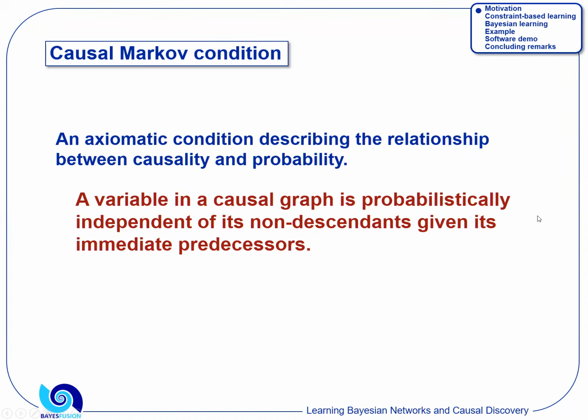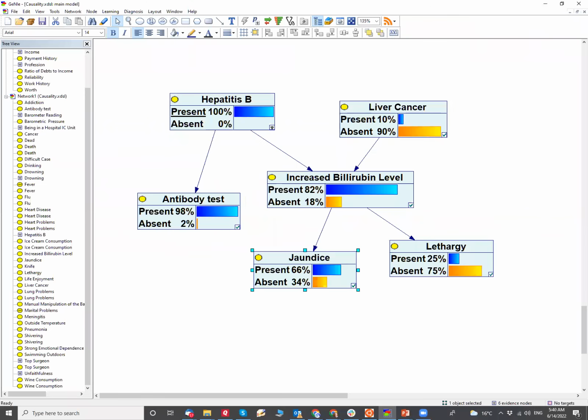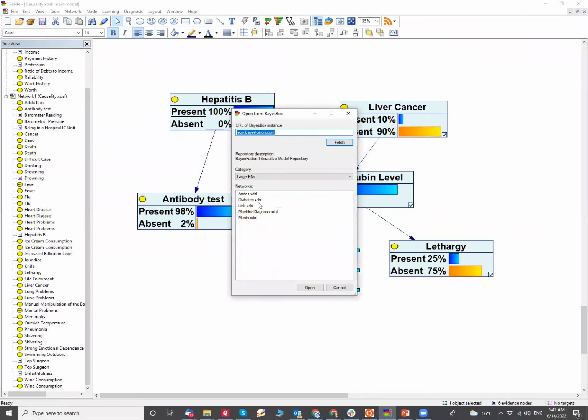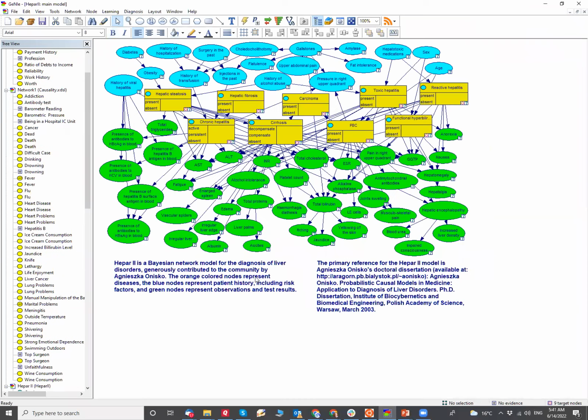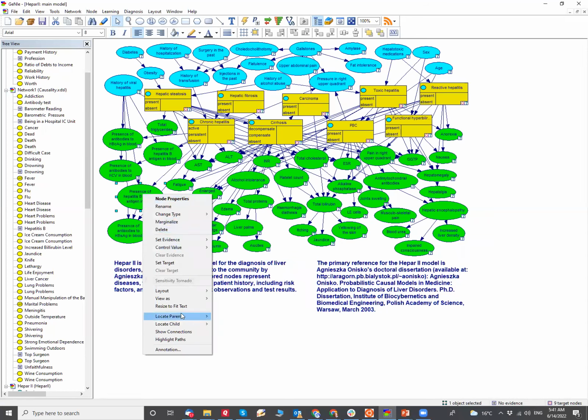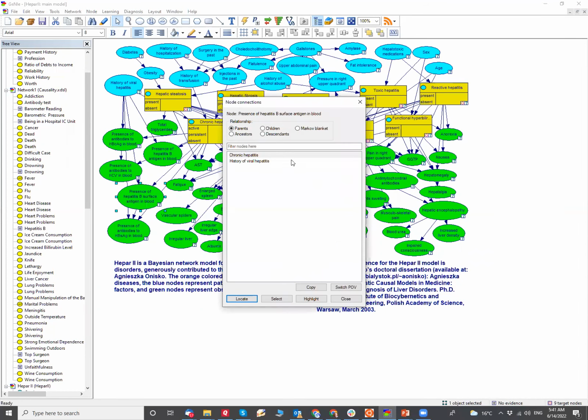There is something very closely related to that, the concept of Markov blanket. Let me get a more complex model, the Hepar model, complex enough. Let's take a variable that is fairly densely connected. Let's take this variable, presence of hepatitis B surface antigen in blood. Let me look at connections of this variable, and let's show the Markov blanket.